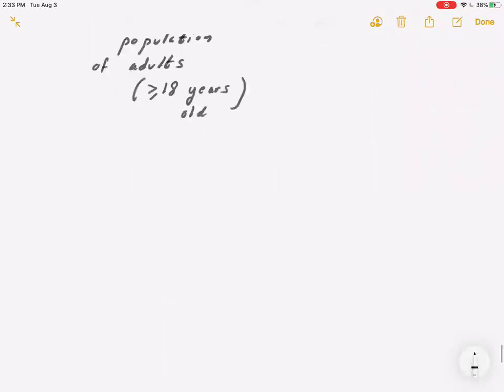So let's say I have this population of 10, 100, 1,000 adults. And let's say I ask them their height. And for each individual, once I know their height, I will ask them for their weight, or I'll measure these. I can measure the height and weight of each person.